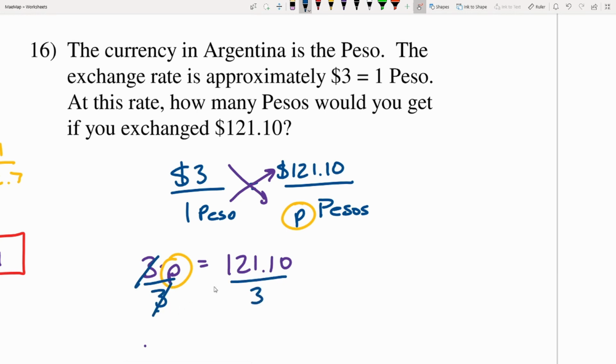When I do that, 121.1 divided by 3 is going to give me 40.36 repeating. But remember, we're going to round to the nearest tenth because we're not dealing with dollars in this case. So 40.36 rounds to 40.4. So that's 40.4 pesos.